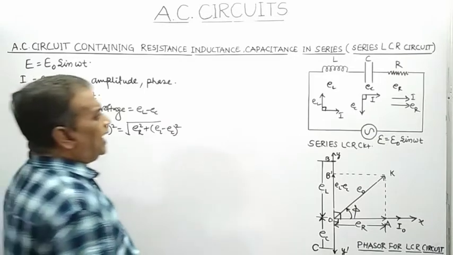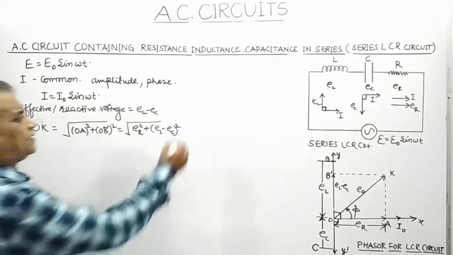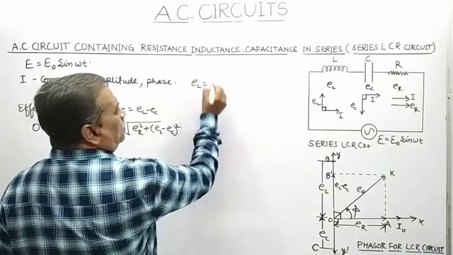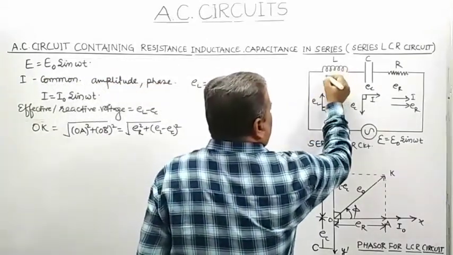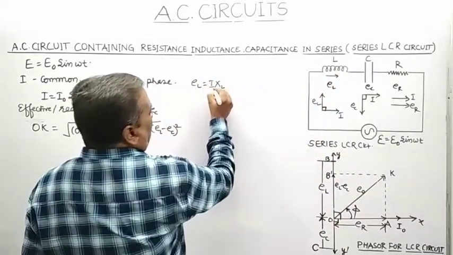See here, as far as voltage across inductor, capacitor and resistance are concerned, if I say current flowing through them is I, so EL is equal to IXL or I0XL.